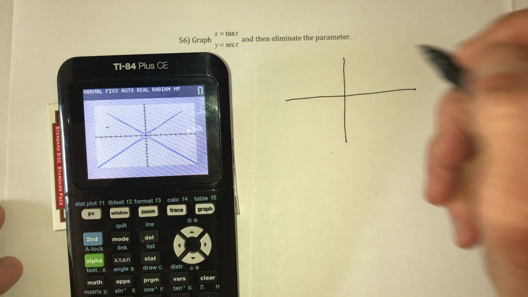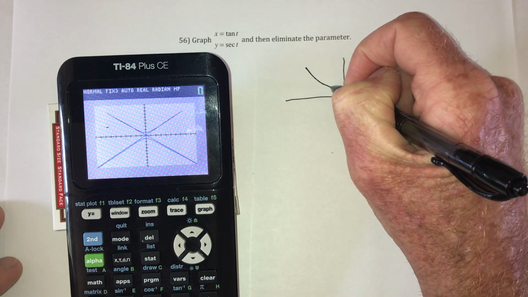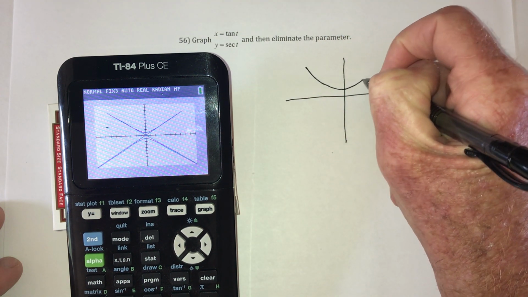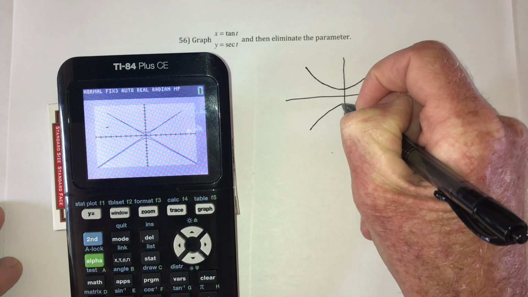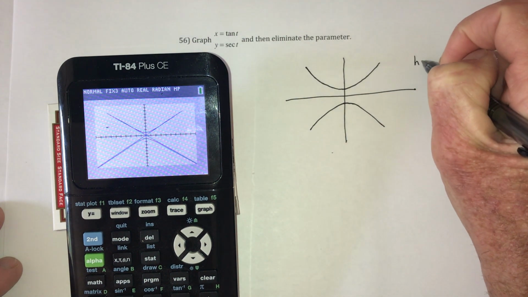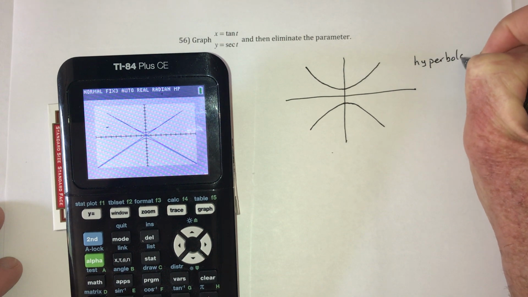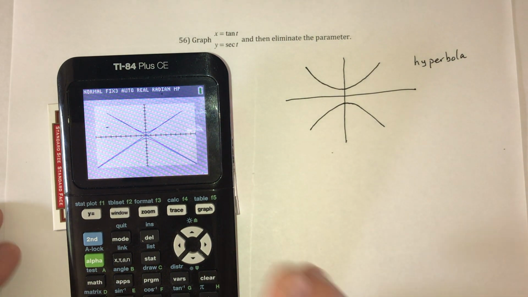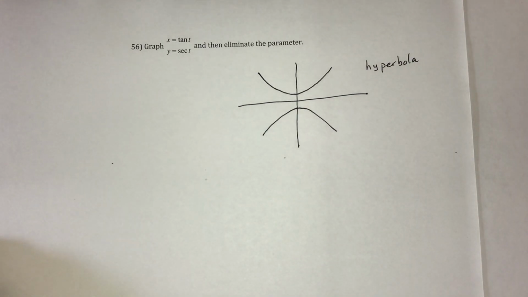So this is what the graph is supposed to look like. It's supposed to look like this and this. And that is called a hyperbola. And with a hyperbola, it has asymptotes.